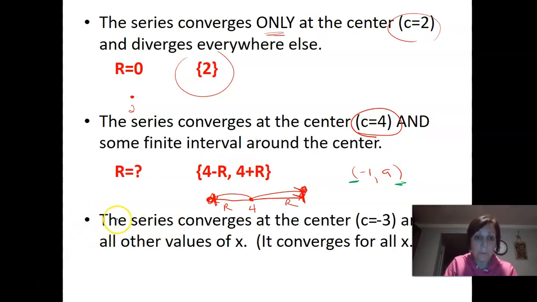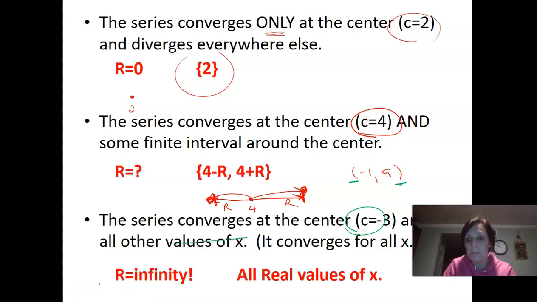Okay, last possibility here is that a series converges at the center and converges everywhere else. Like this is your series for sine, your series for cosine, your series for e to the x. They converge everywhere. So if that's the case, your radius of convergence is infinity.